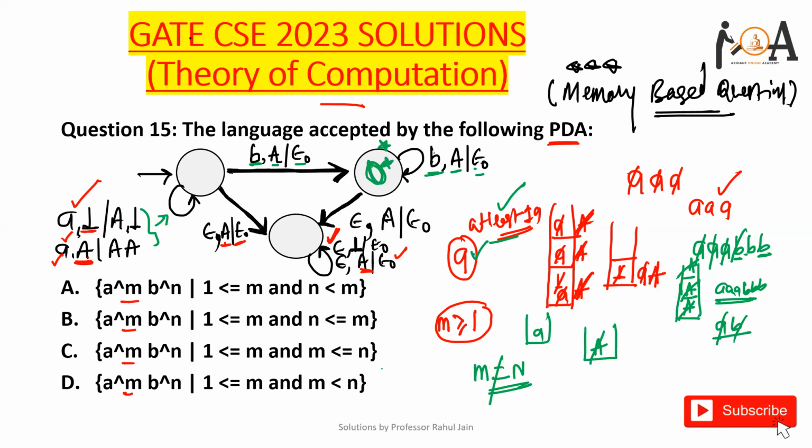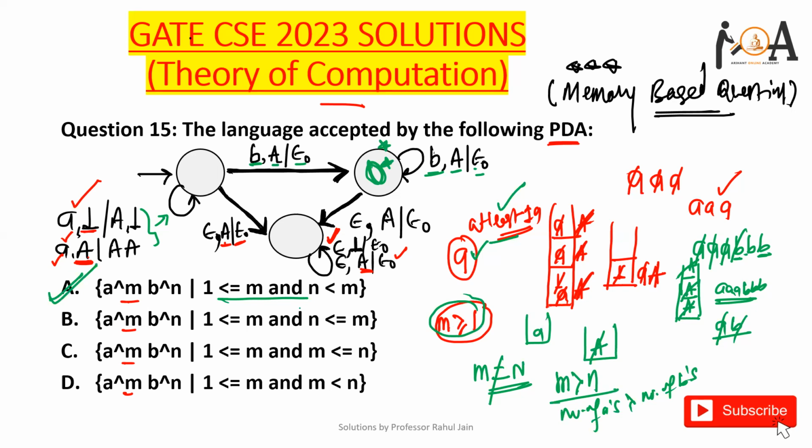So the number of M, that is the number of A's, should be greater than the number of B's, and M should be greater than or equal to 1.